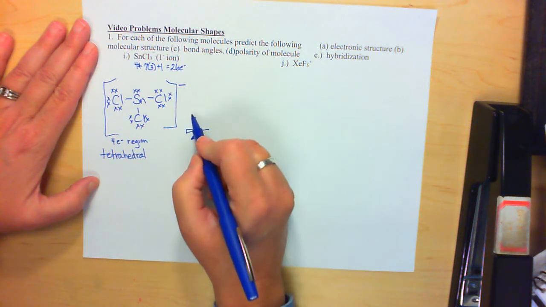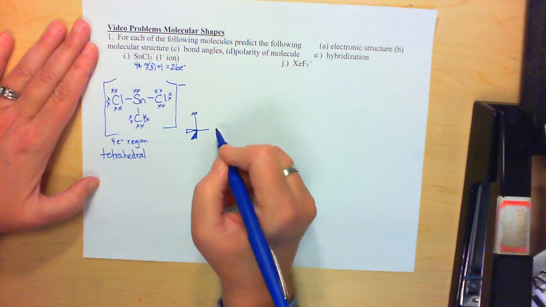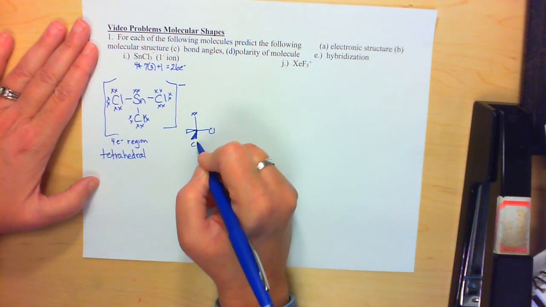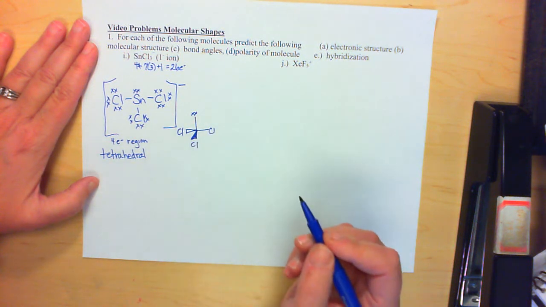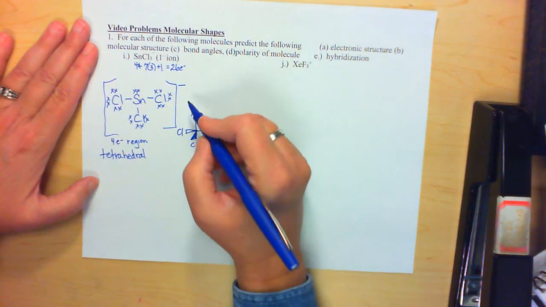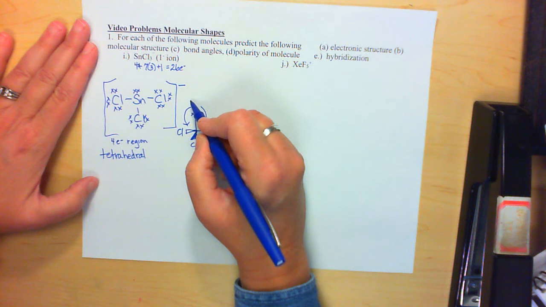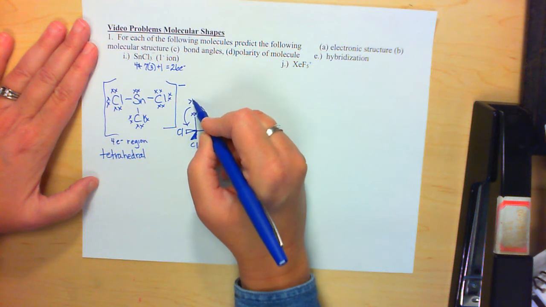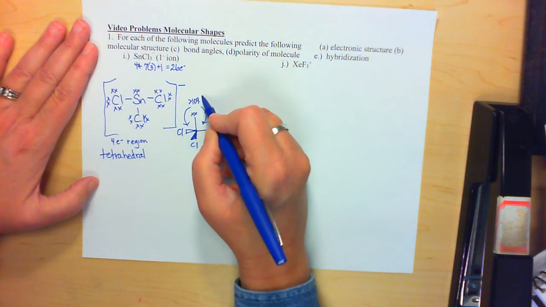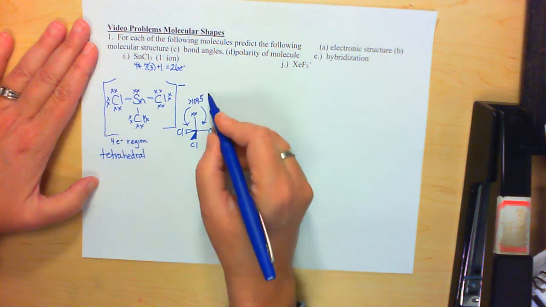It doesn't matter where we place our lone pair. By convention, I tend to do it at the top just because it's easier for me to see, but you do it the way you want. And remember, the lone pair is going to be pushier, so it's going to want to push down, so it's going to distort the angle to be greater than 109.5 degrees.